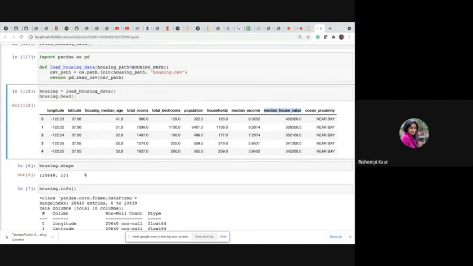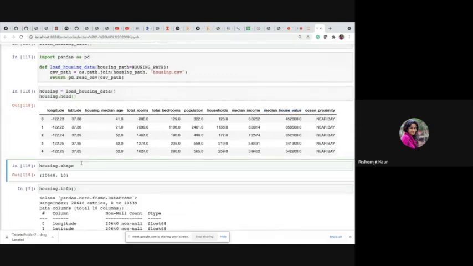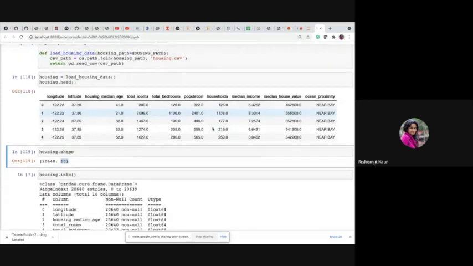So if we look at the size of this data set, housing.shape, let us do it. We have around 20,000 samples, you can say, the number of rows, right? So we have data corresponding to around 20,000 houses, or the mean data around that block, and the 10 number of columns, where 9 are the input variables and 1 is the output variable.